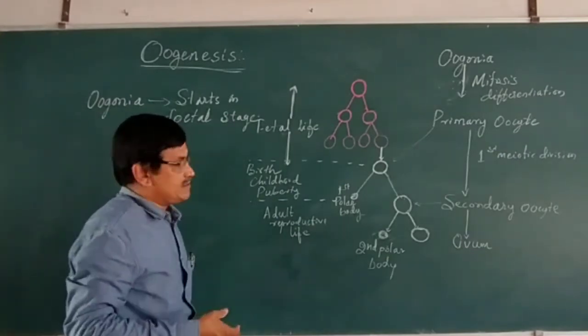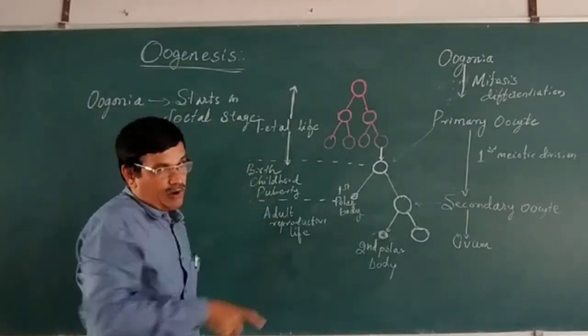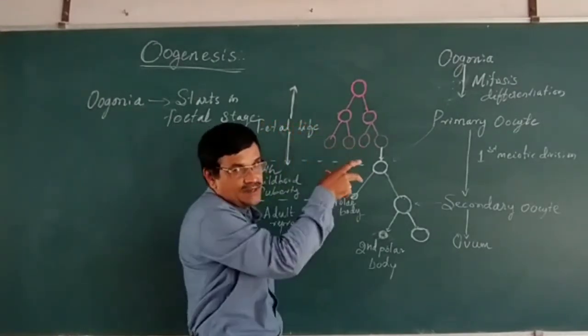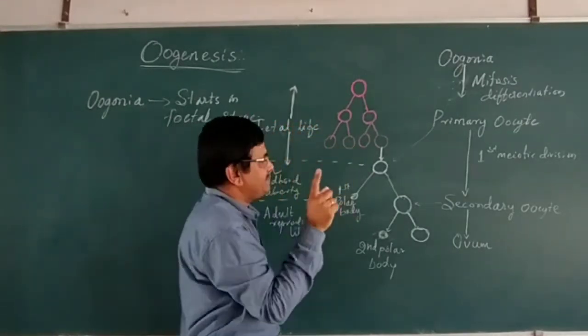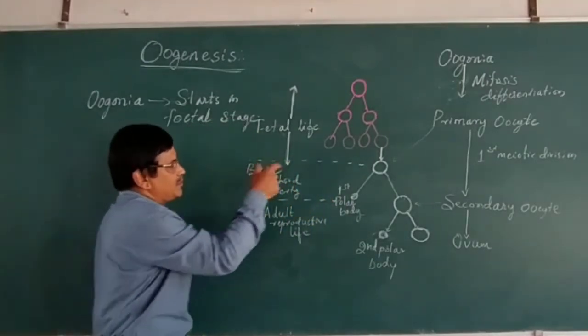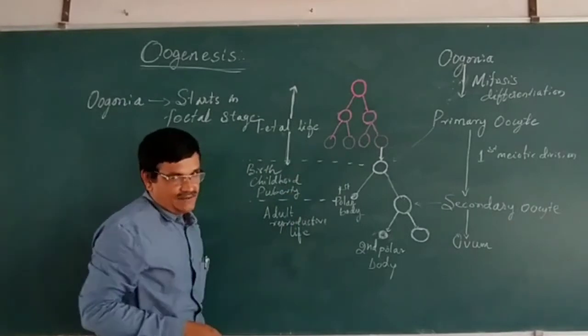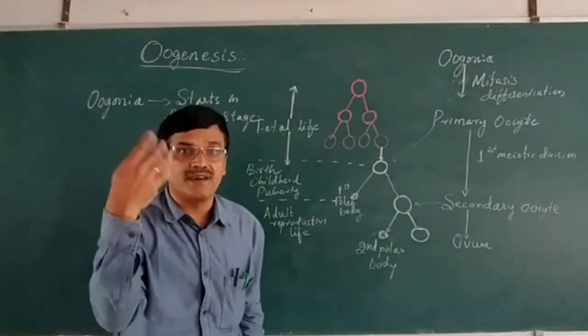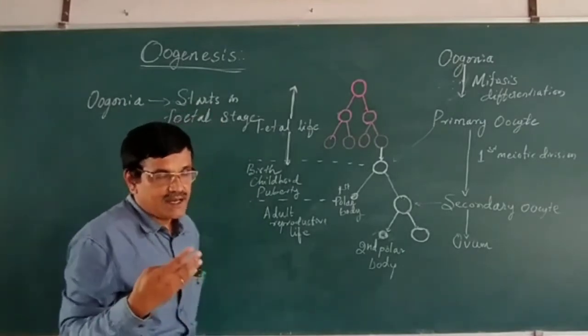Millions of oogonial cells will be formed, and they get arrested in the first meiotic division. So no more oogonia will be formed after the birth.